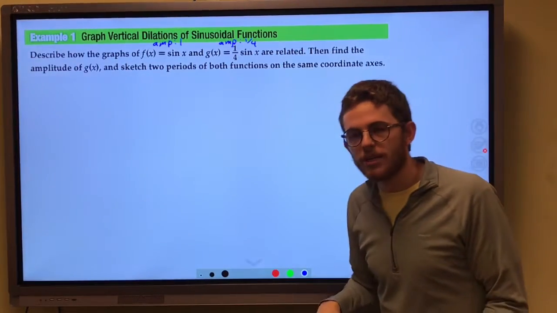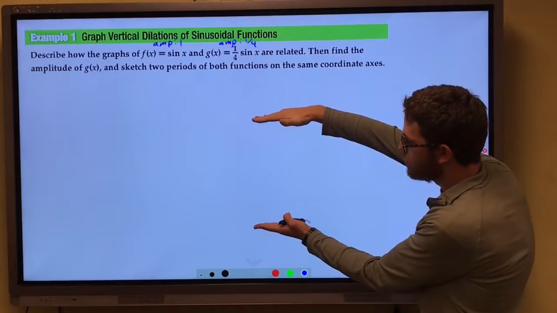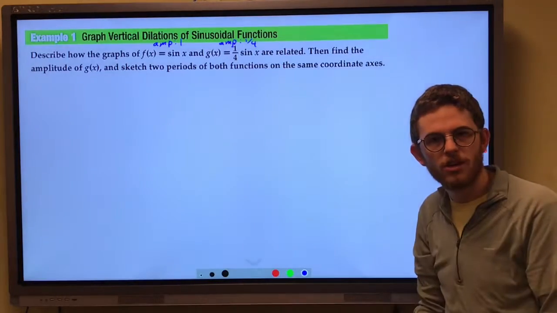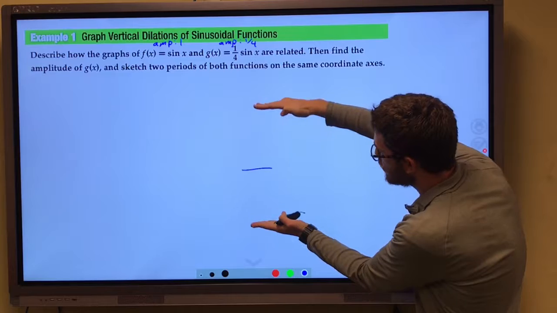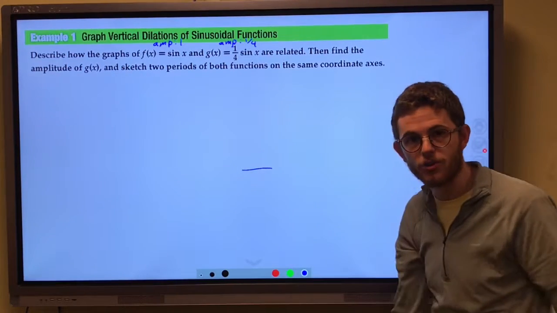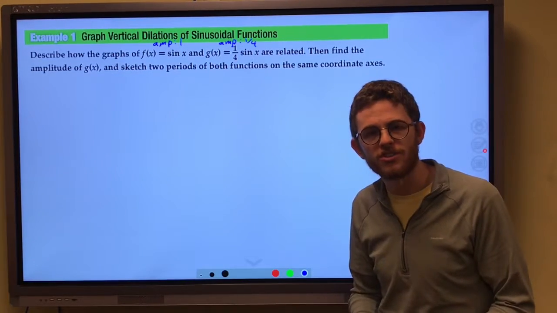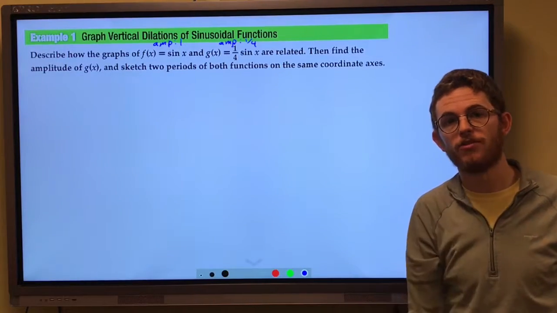And how are they going to be related? Well, think about what's happening if we start at 1 and then it kind of shrinks to 1/4. It is 1 distance. Here's our sinusoidal axis. It was 1 unit away. Now it's only going to be 1/4 of a unit away. Well, remember back when we talked about function transformations, that is a vertical compression by a factor of 1/4.